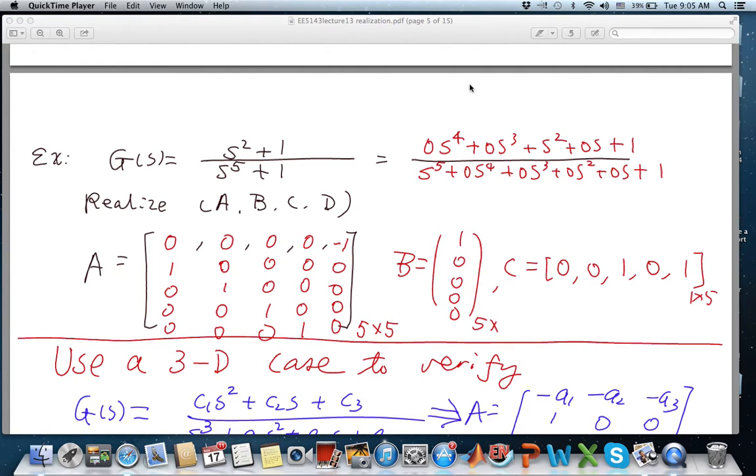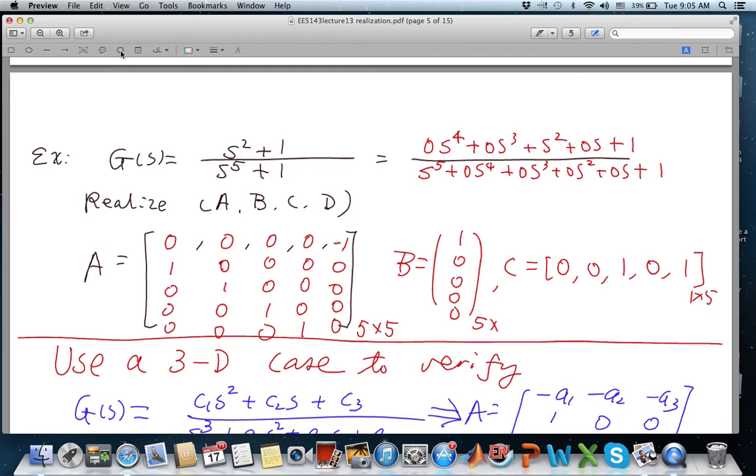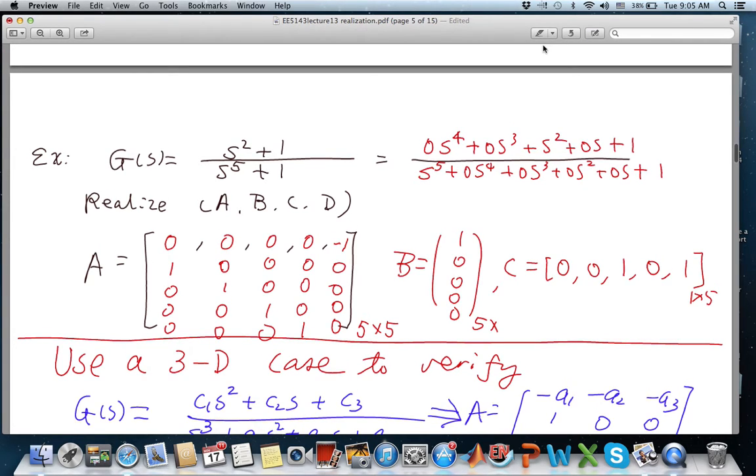And then here, if we look at the lower bottom of this, it's going to be an identity matrix here, and we can see the rest are all 0.